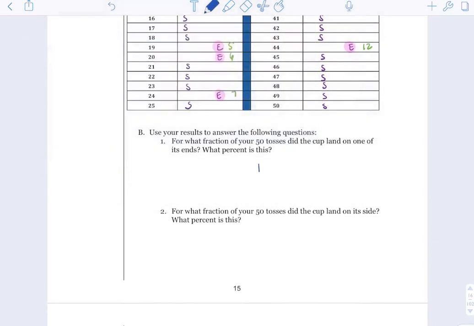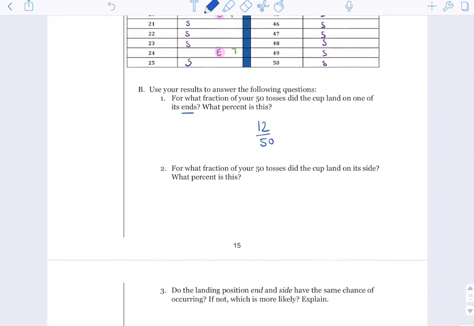My fraction was 12 out of the 50 tosses ended up on its end. And if I count the numbers that are on the side, that's 38 out of 50. This is my side, this is my end. Definitely not a 50-50 chance.